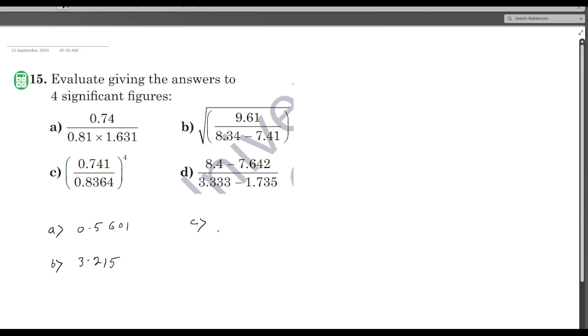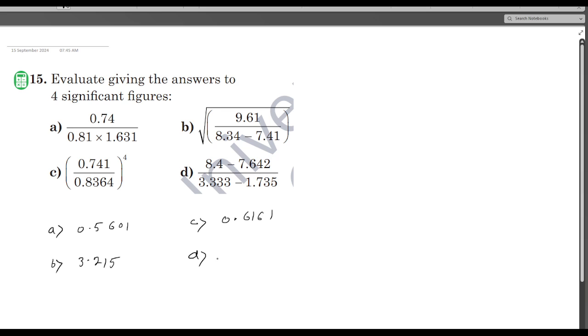C, it is 0.741 divided by 0.8364, and then we have to take its power 4. So the result is 0.6161.